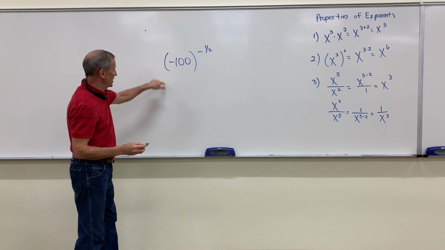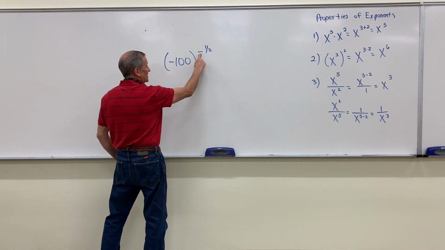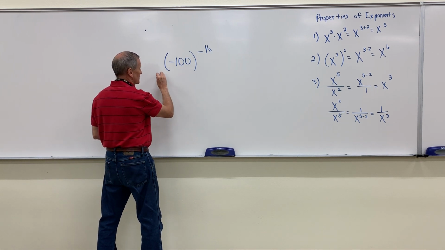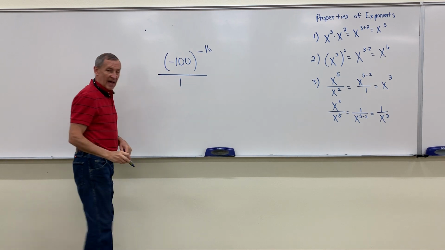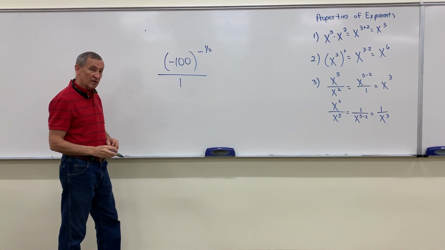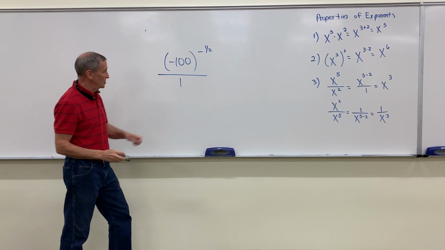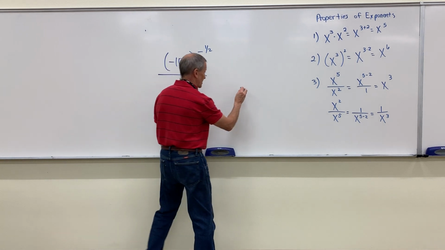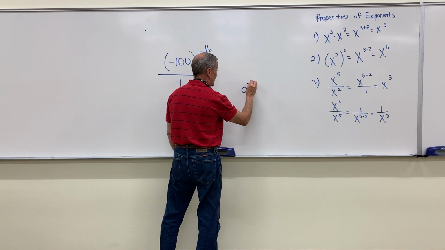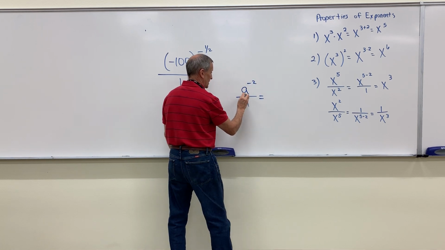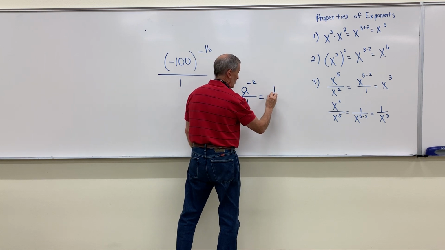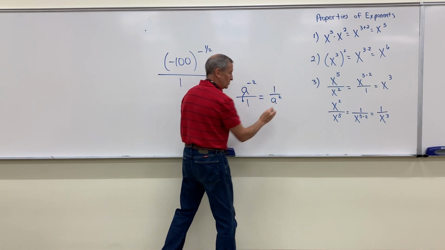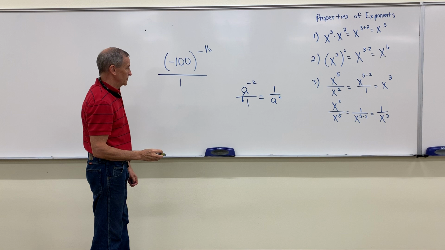Let me mention this to you now. When I have negative exponents, I can move them to the other part of the fraction and change the sign of my exponent. For instance, a to the -2 is the same as 1 over a to the 2. We did talk about that, didn't we?